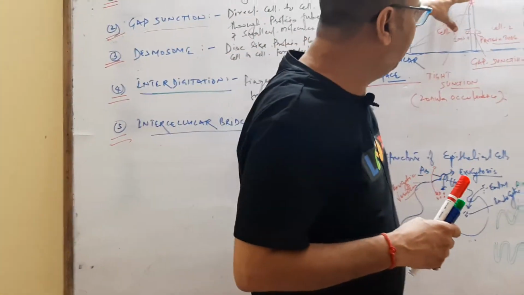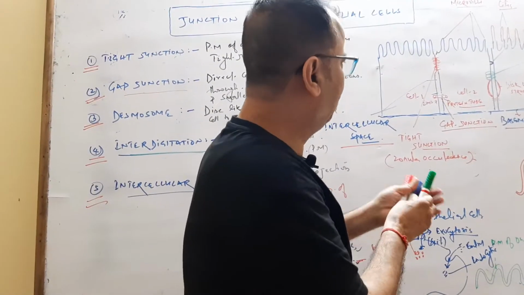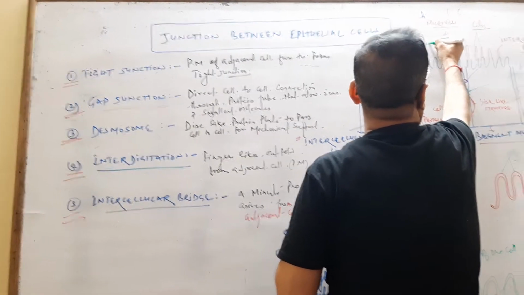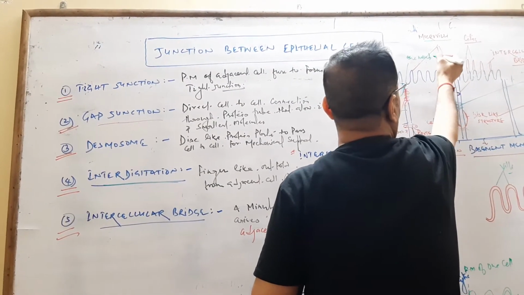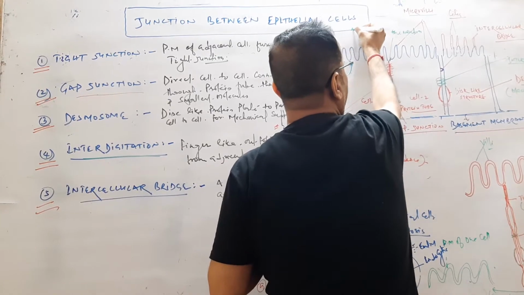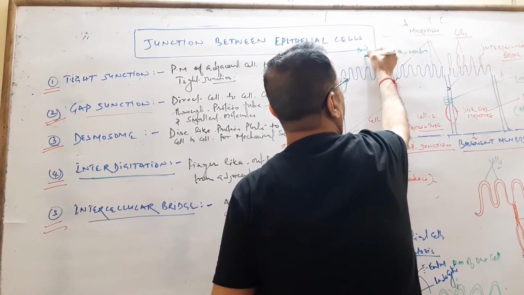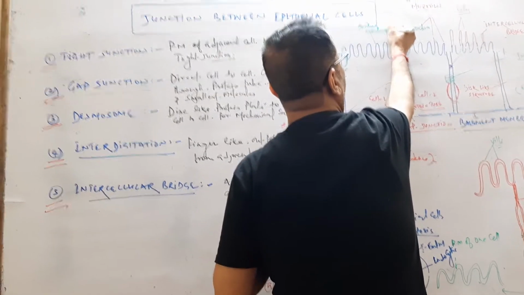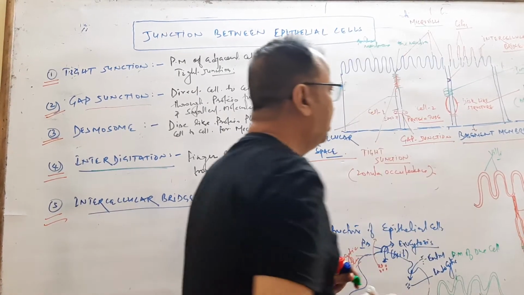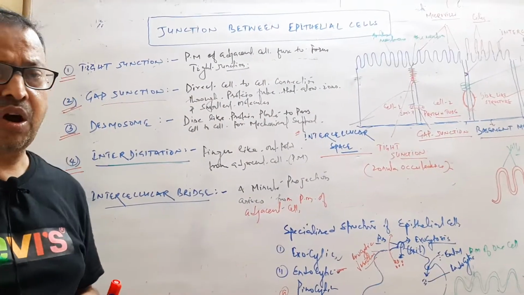Here is one membrane, and another membrane, and they get fused to form a junction. That junction is called tight junction.